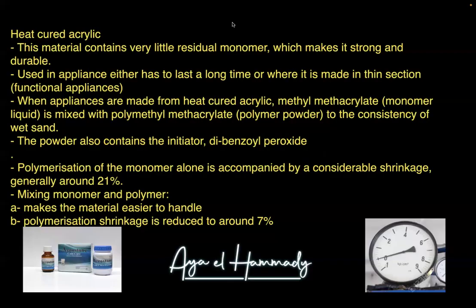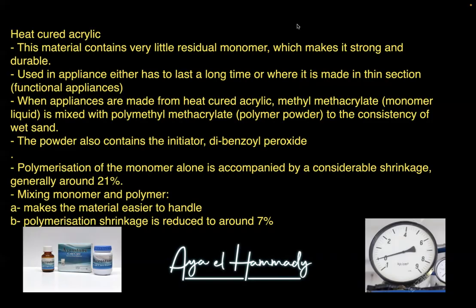To be able to gain a proper portion, you need to mix the powder and the liquid. If you mix both of them together, you reduce the amount of polymerization shrinkage to 7. But if you mix the monomer alone, it will give a lot of polymerization shrinkage.